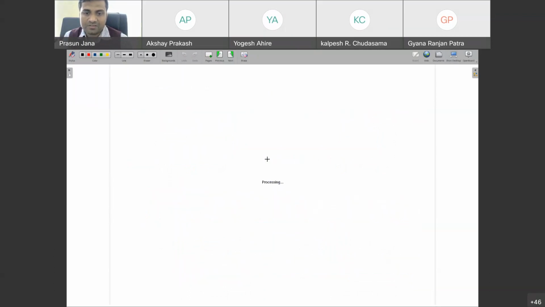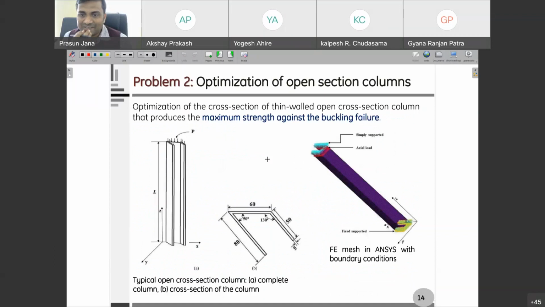Okay. So now I'll just take one. So this is my second problem. So I have one more, but this is a little different problem. Maybe like we have seen certain geometry in different engineering applications, but I was just trying to see if I try to optimize the shape of the cross section of certain column.